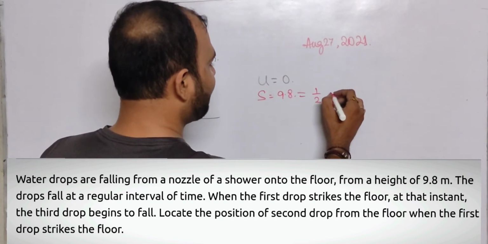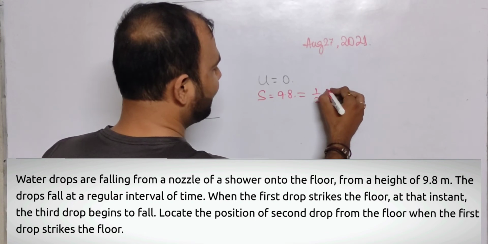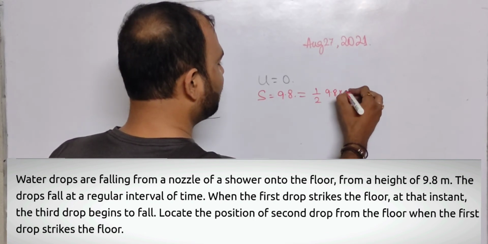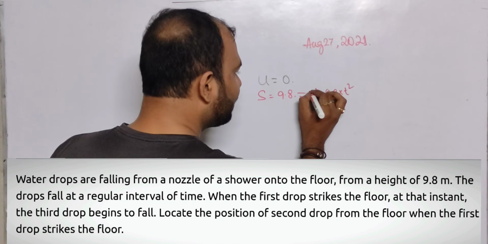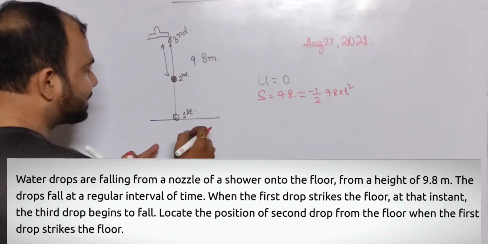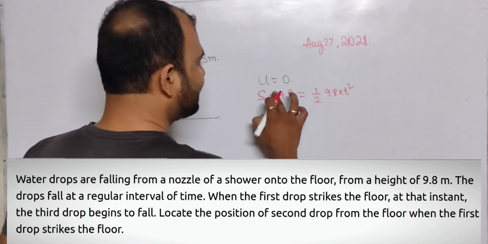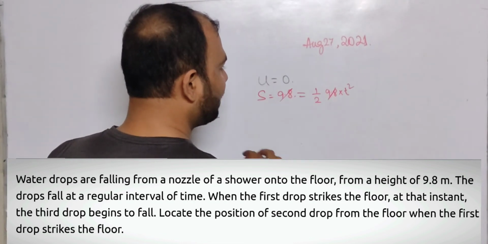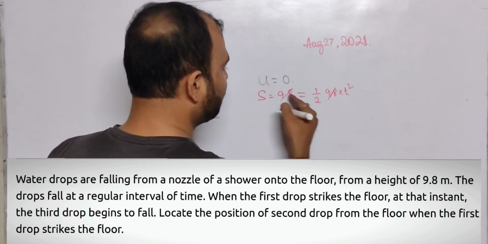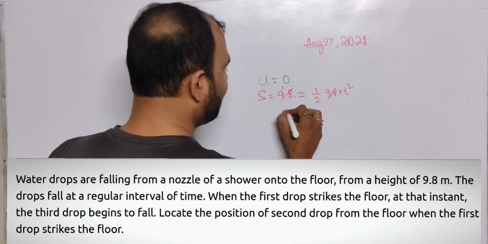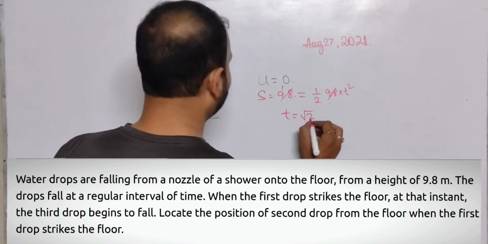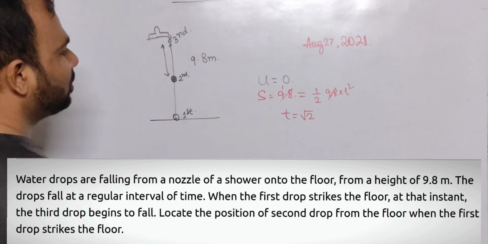That is 9.8 into t square. Here the sign will be minus and the displacement is minus in sign. Minus minus get cancelled out. 9.8 gets cancelled out. T square equal to, this 2 will come over here, 2. That means t equal to root over 2. That means the total time is root over 2.